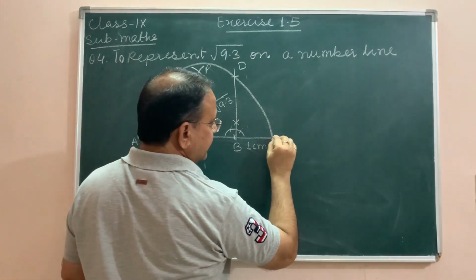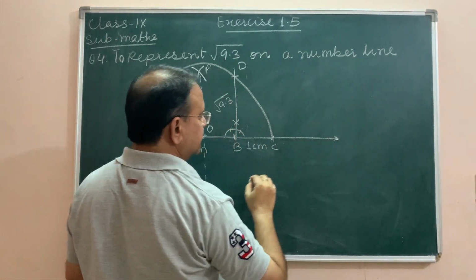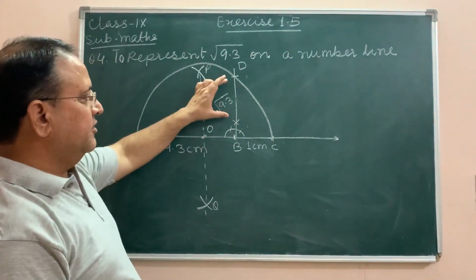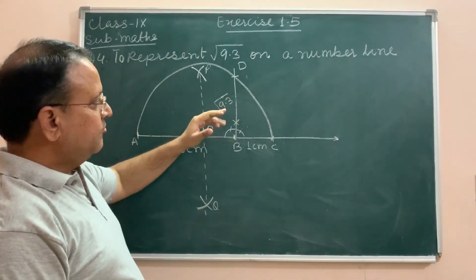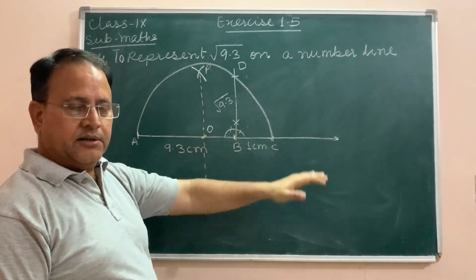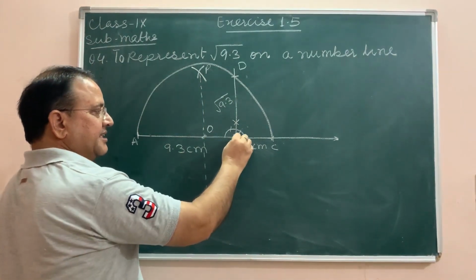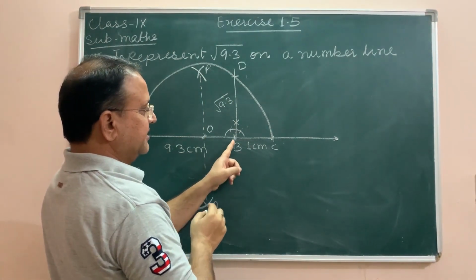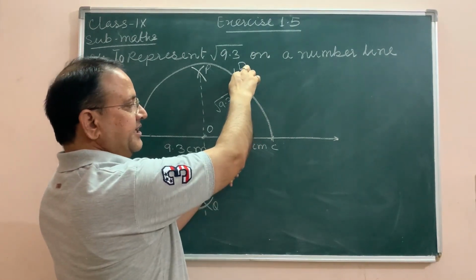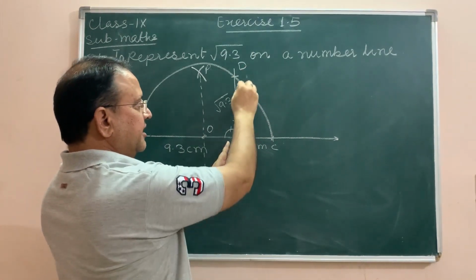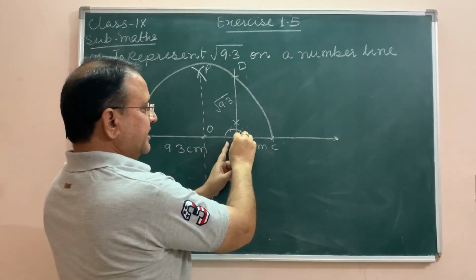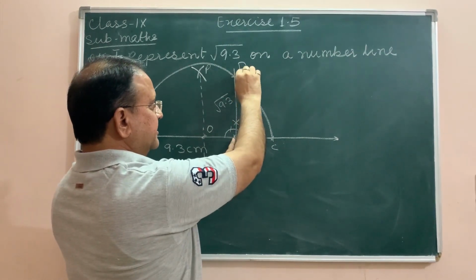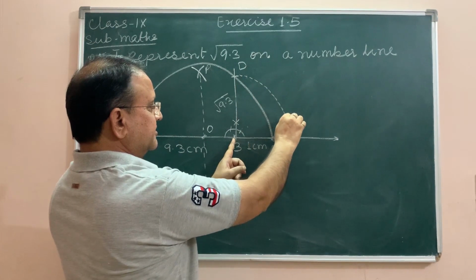Now again we will extend this line. Length of BD is equal to square root 9.3, but we have to represent it on the number line. So with B as center and radius equal to BD, means compass we have to put here and pencil here. B as center and BD as radius, we have to draw an arc.